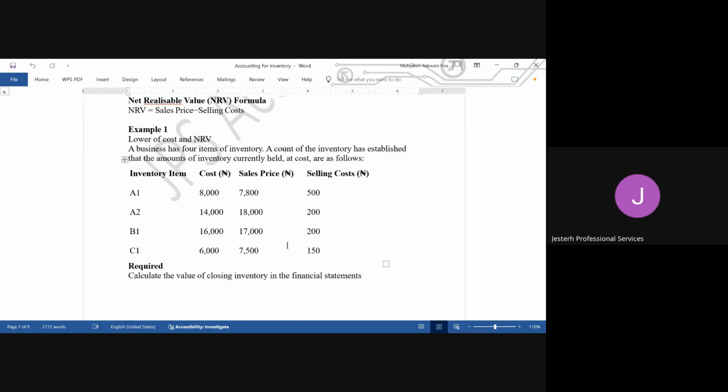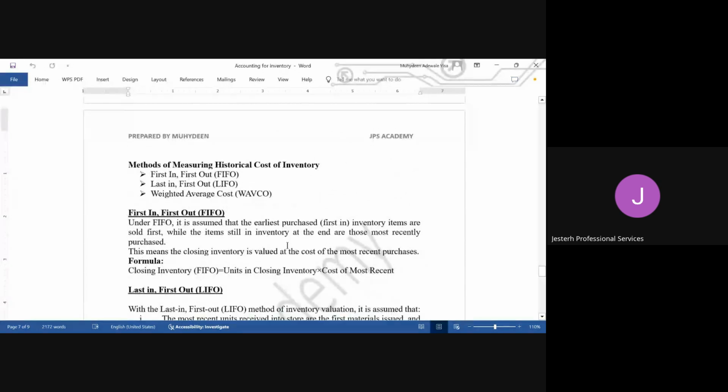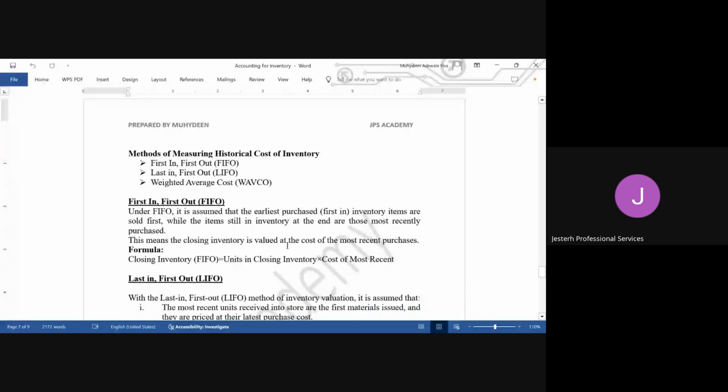In today's class, we will be moving to another method of inventory valuation, where I can usually test questions. This particular method is how an organization can value their inventory at the historical cost.